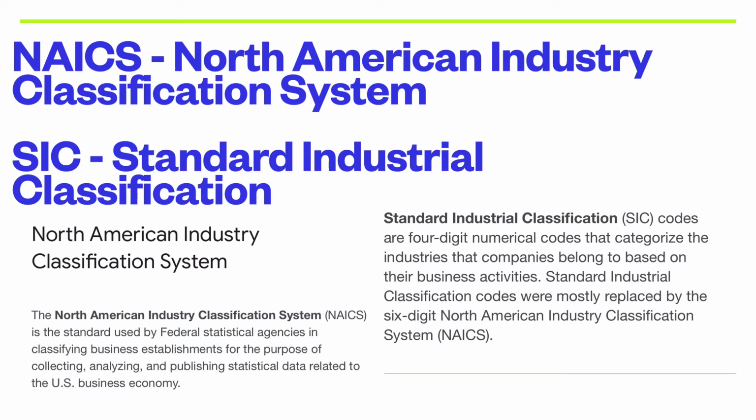And SIC codes, on the other hand, are 4-digit numerical codes that categorize the industries that companies belong to based on their business activities. The standard industrial classification codes were mostly replaced by the 6-digit North American Industry Classification System.